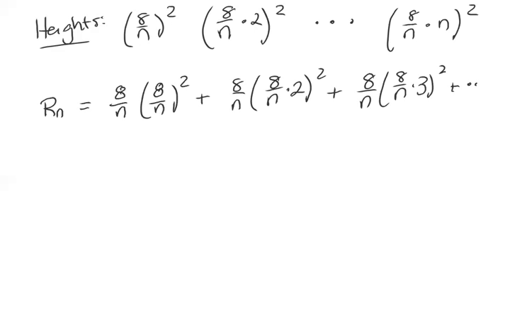And we carry on in this manner until we get to 8 over n times 8 over n times the nth rectangle squared. Well, this is an expression with, I don't know how many terms. It has n terms, but n is an unknown constant.